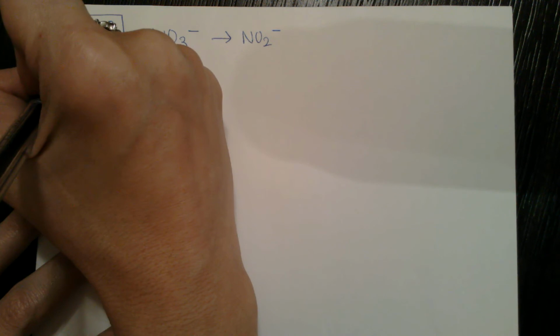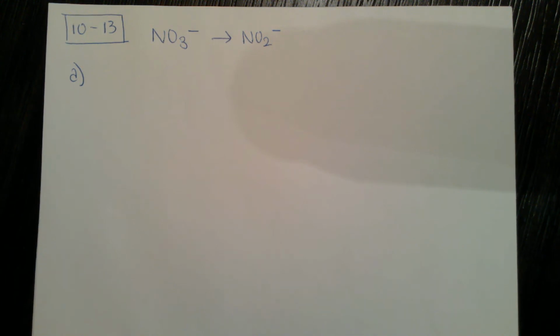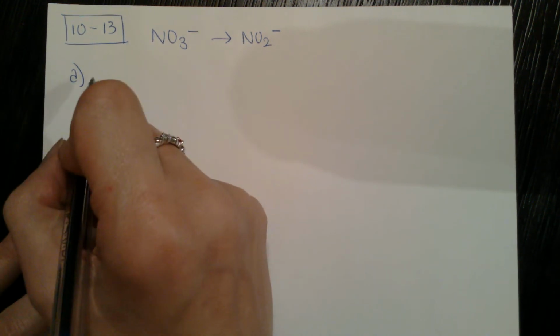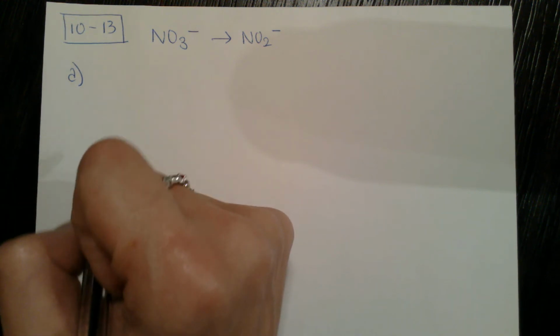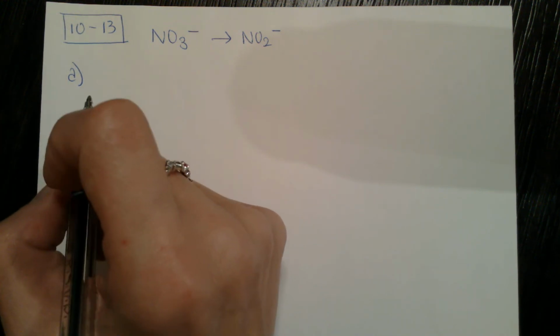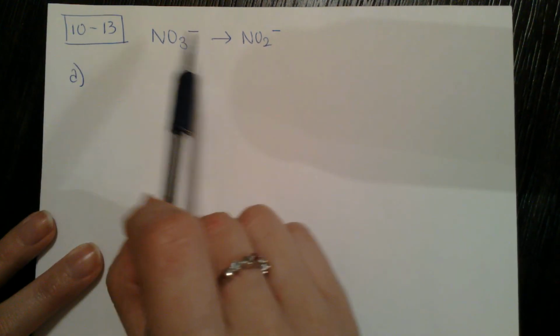Okay, so number one, or part A, we want to write out the half reaction. So we're going to first just write out a half reaction, but then we're going to turn it into a 1 electron half reaction because we're going to start looking at the pE. Okay, so before we even sort of get there, they did tell us this is a reduction reaction, but let's go ahead and verify that by getting our oxidation numbers here.